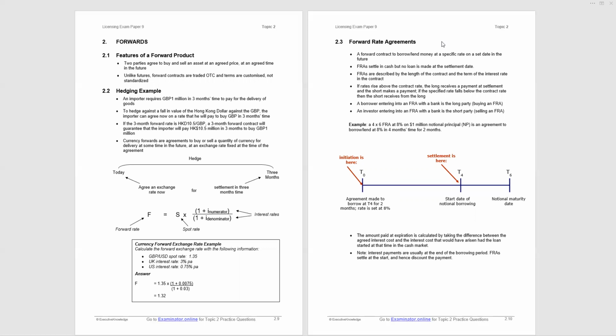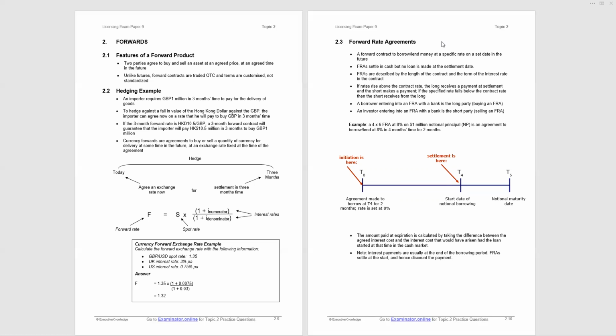Now, when I say numerator and denominator, I'm talking about the currency rate as it's expressed. In our case, it was 10.5 Hong Kong dollars over £1. That is the numerator currency, Hong Kong dollars, and the denominator currency, pounds.